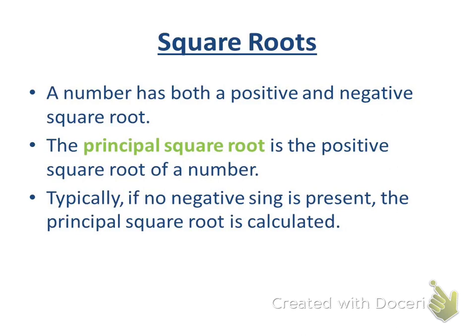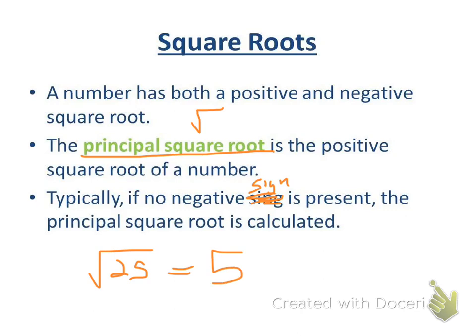What we reviewed and talked about already is that the principal square root, which is asked for by this symbol, is the positive square root of a number. It's only the positive square root of a number. If no negative sign is present, the principal square root is what is being asked for. So the square root of 25, for example, is just 5.